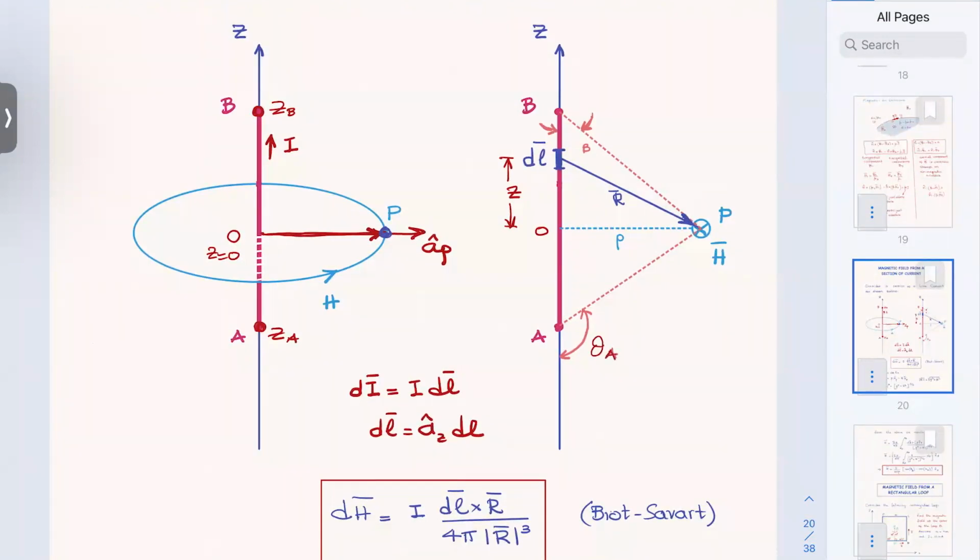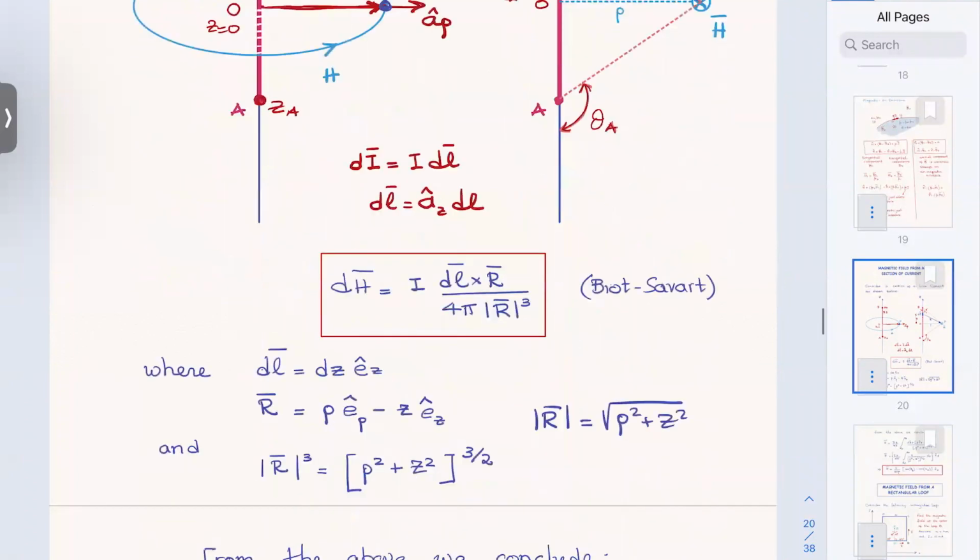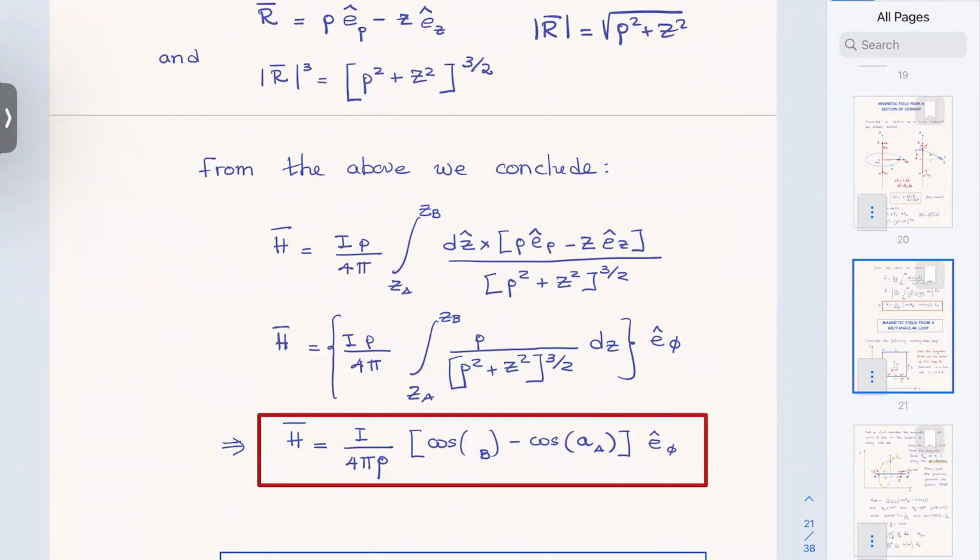Theta sub A. And remember, this is the angle from the lower side of the section of the current to the distance of point A from point P, while this other one, theta B, is the angle that is made between the finite wire and the distance between point B and P. So it is very important to remember how we define those angles.